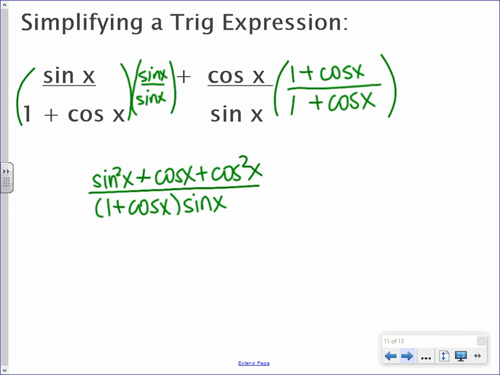At your pod, I would like you to discuss the numerator. Do you see anything in the numerator?